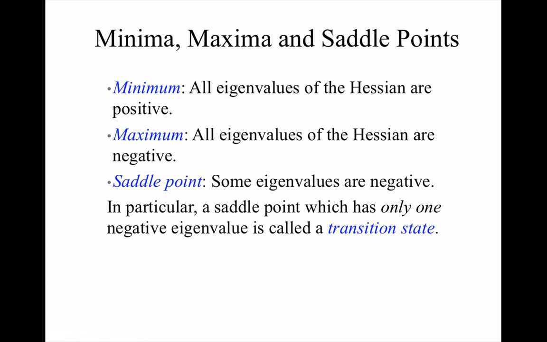At the maximum, all the eigenvalues of the Hessian are negative, and a saddle point is characterized by having some eigenvalues negative and others positive. In particular, a saddle point which has only one negative eigenvalue is called a transition state, and this was what was illustrated on the slide before.